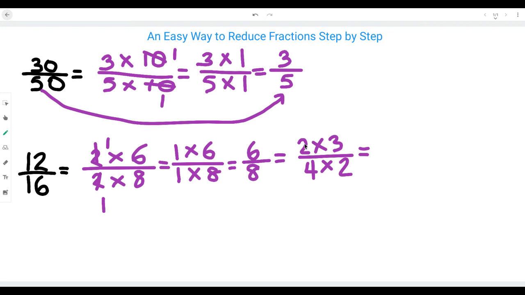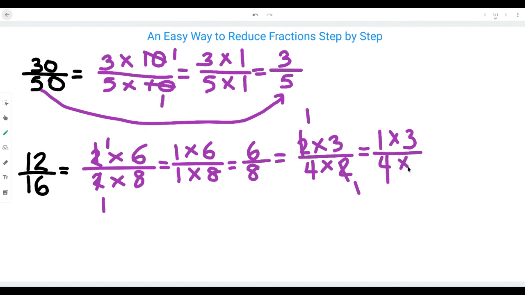So we look to see what numbers are the same. So 2 up here is the same as this 2 down here. So we will say 2 into 2, 1. 2 into 2, 1. And now we remain with 1 times 3 and 4 times 1.